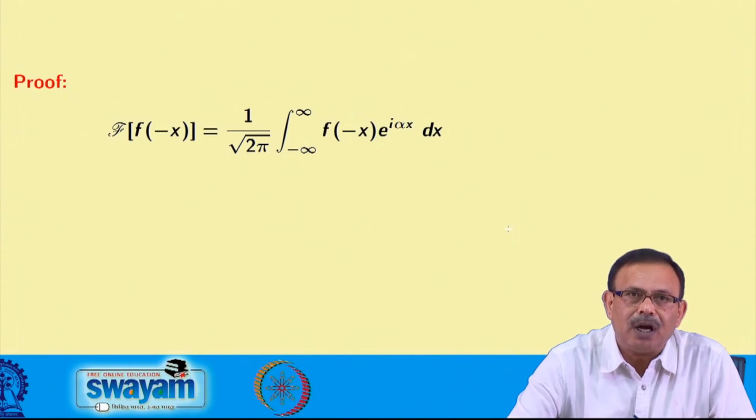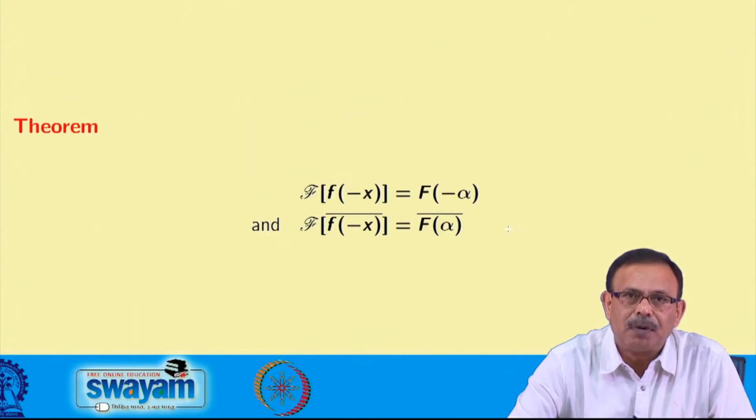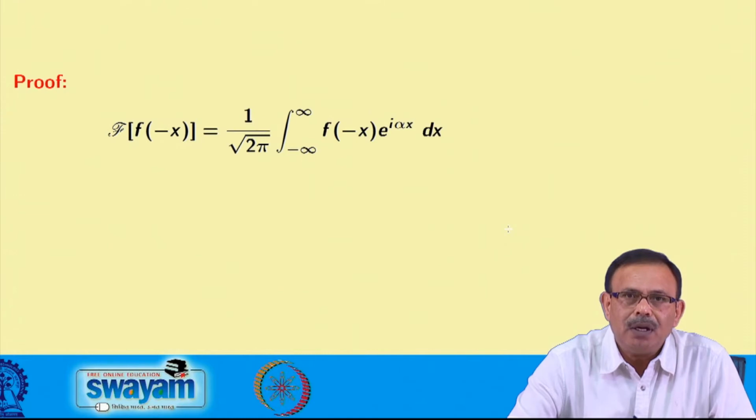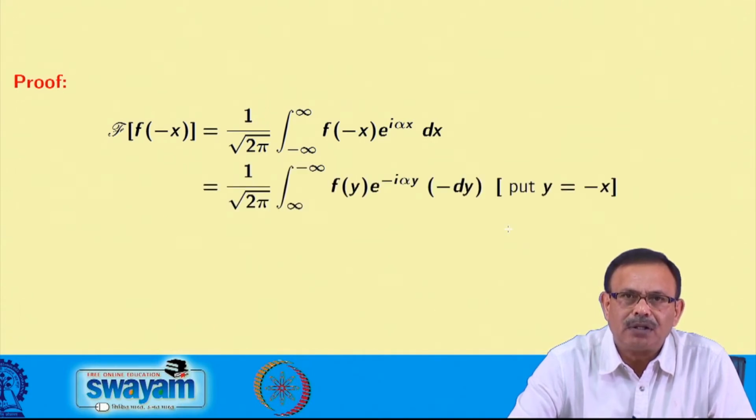For the first part, since the Fourier transform of f of minus x is there, I am starting: Fourier transform of f of minus x equals, from the definition, inside the integral f of minus x e power i alpha x dx.